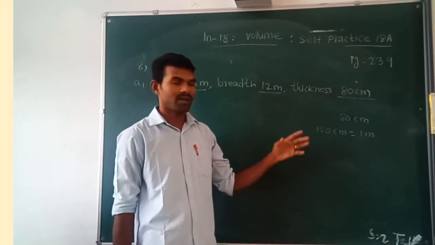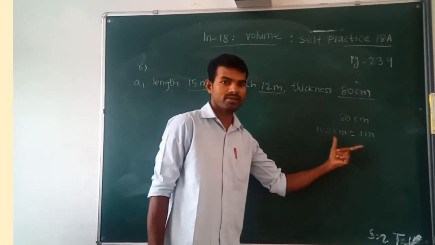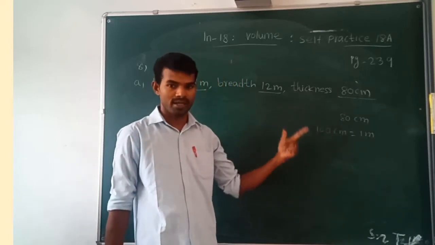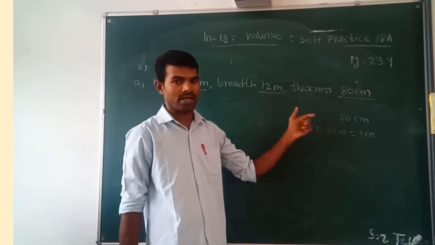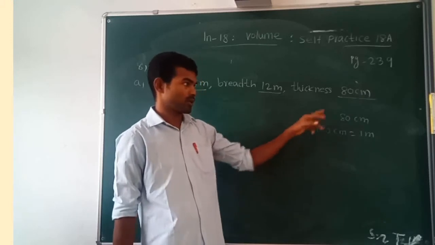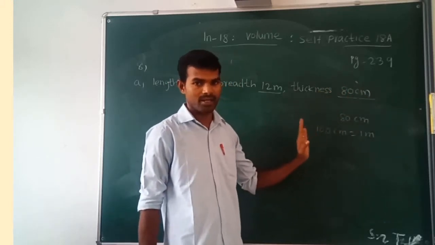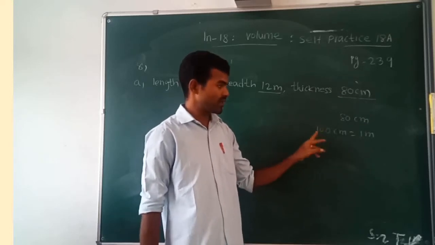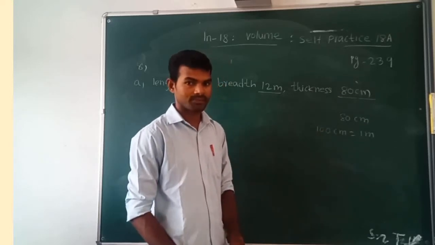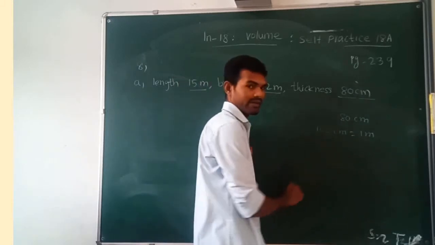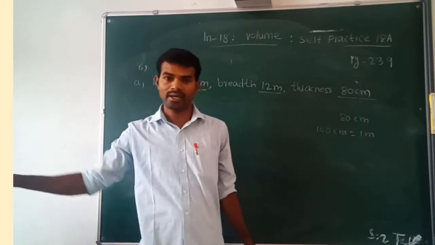We will learn how to convert these things when we study the measurement lesson. Now, just understand what I am telling. From centimeter, whatever is given, divide by 100. That is the answer.